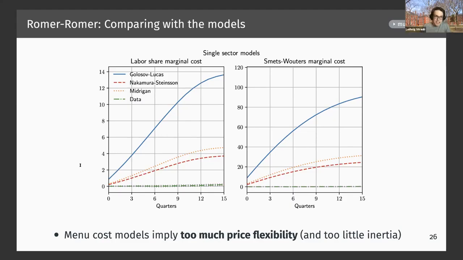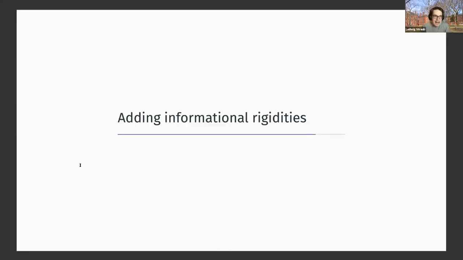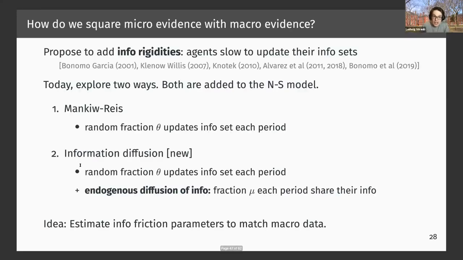We're going to bridge this gap by adding informational rigidities, building on a literature that has already tried to explore their effect. What we would like to direct this literature towards is thinking also about the aggregate Phillips curve, the relationship between inflation and real marginal cost.